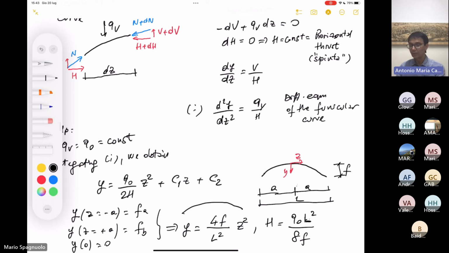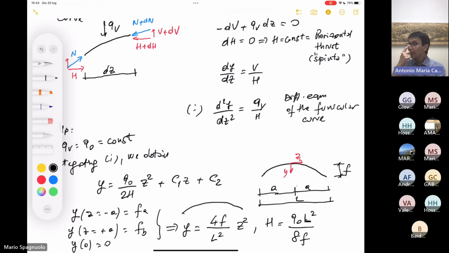So the value of H, which is the solution of the elastic problem, does not correspond to the value obtained here from pure static equilibrium equations.